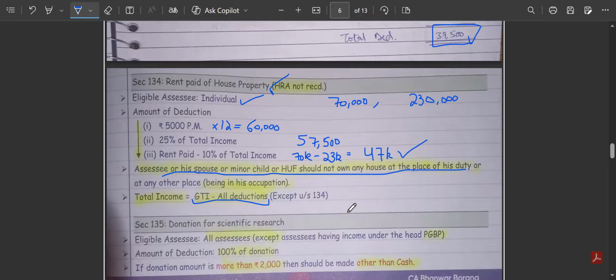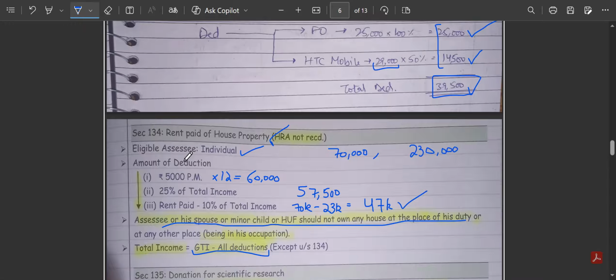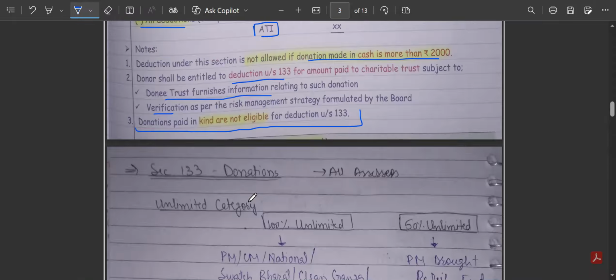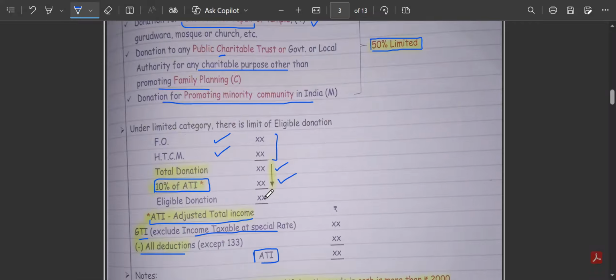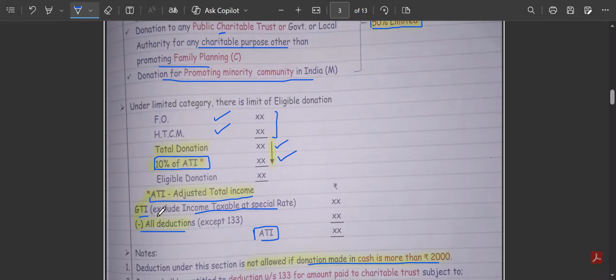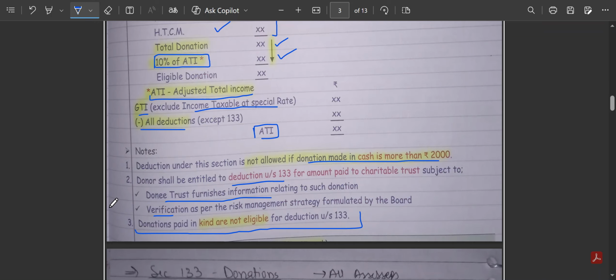Now, a question may arise in this case that while we are calculating the amount of deduction for section 134 and we are calculating the amount of deduction for section 133, here it was also written GTI minus all deductions except 133. So it is technically very difficult to calculate how much ATI is in this case, or how much the total income is for section 134, because like we are calculating for ATI for section 133, we have to reduce all deductions.